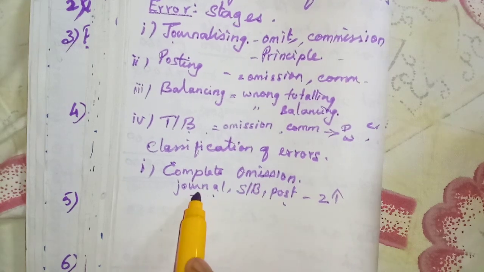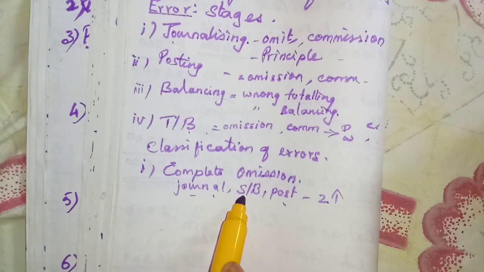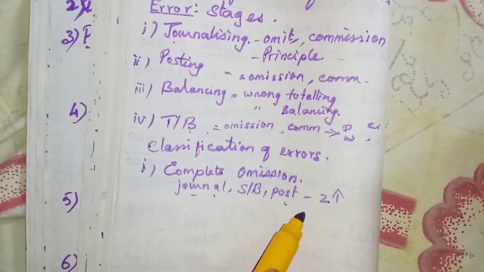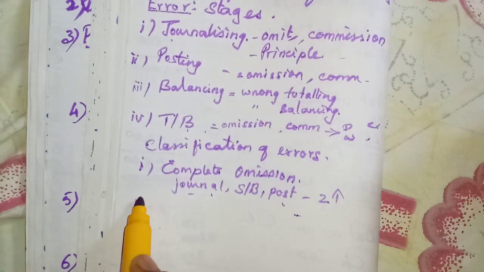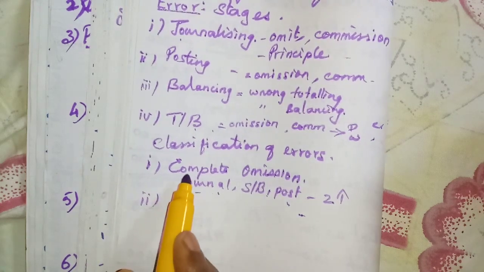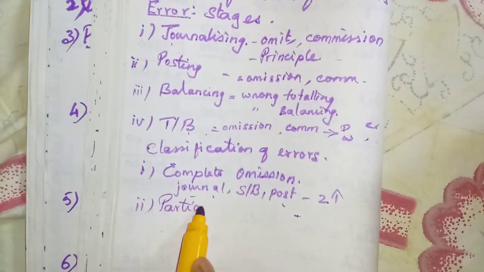Or if that business concern is not preparing a journal but subsidiary books, one transaction can be omitted, for example the purchases book may be omitted from being entered in the purchases account.